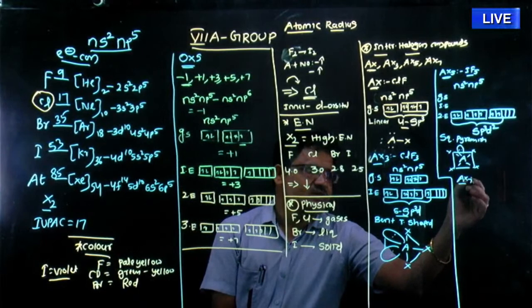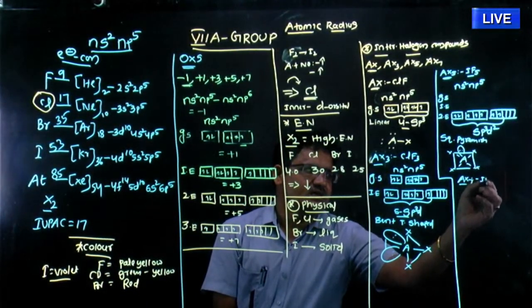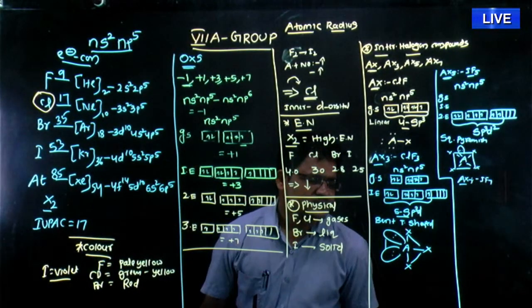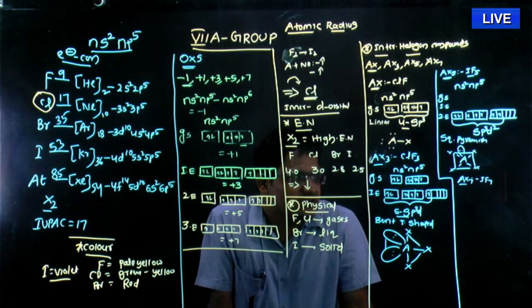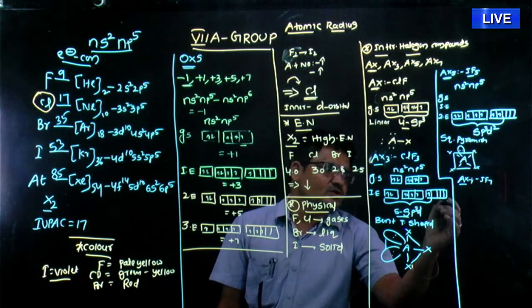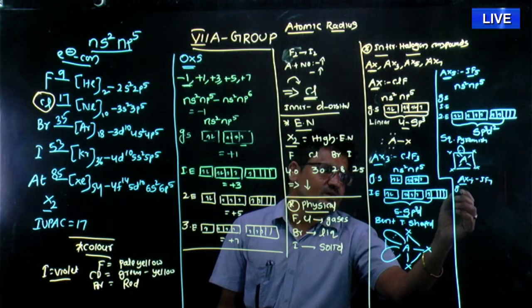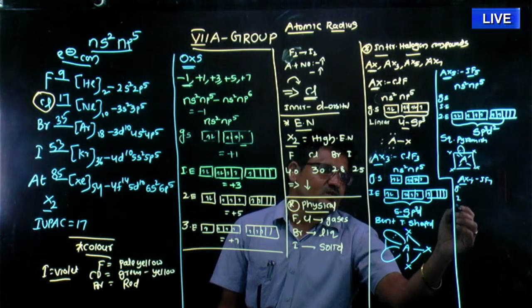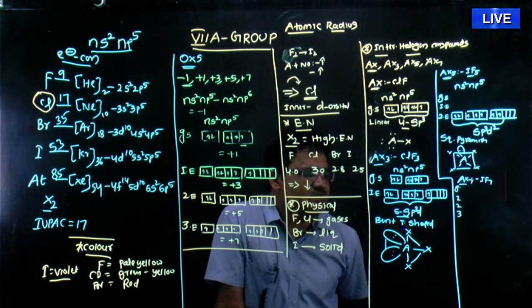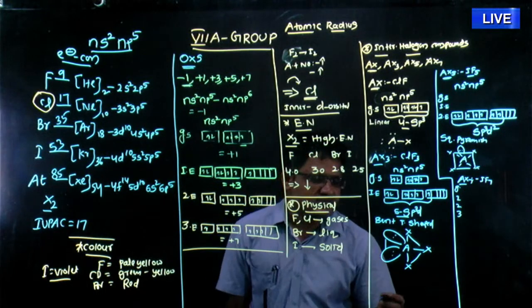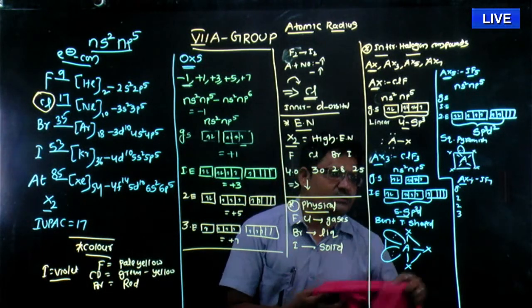That means I is the central atom. First you write the ground state, no problem, then the first and second, no problem, then you write directly the third excited state. What is the meaning of this third excited state?